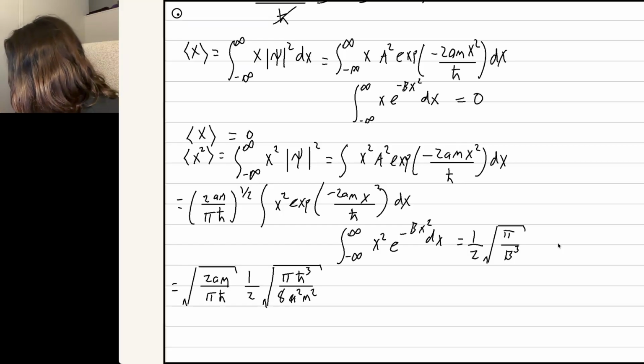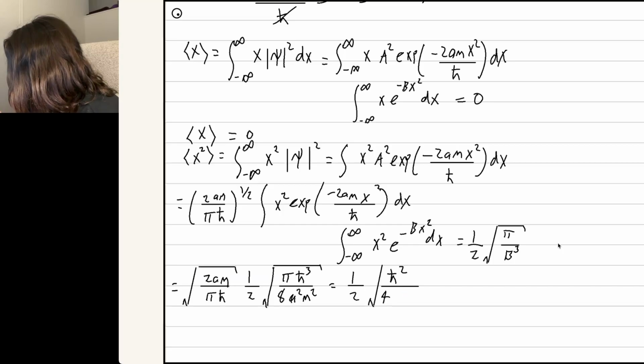Okay, these are both radicals now, so we can start to cancel out terms. The pi's will cancel out. You end up with an h bar squared left over. 8 divided by 2 is 4.